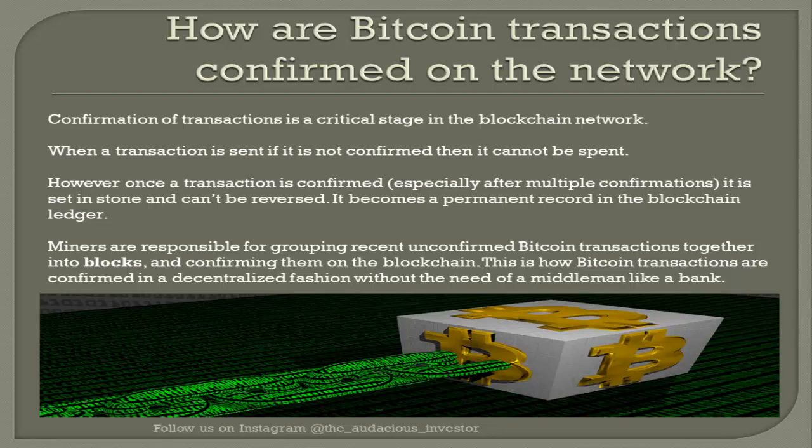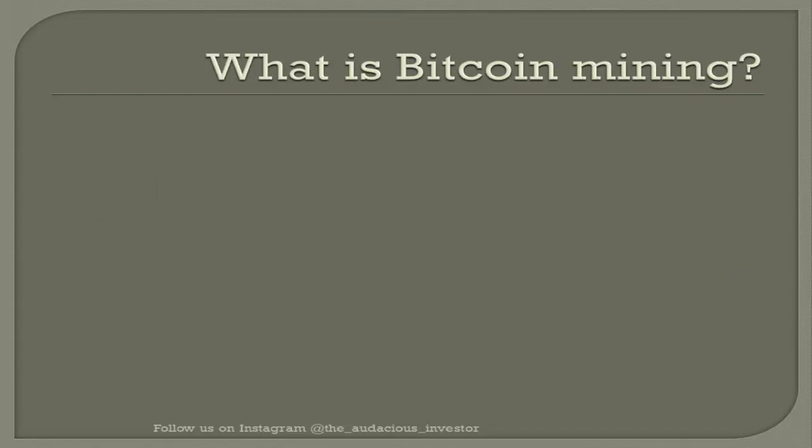They take all these unconfirmed transactions, put them into blocks, confirm them, and then these blocks get connected to the blockchain. This is how a Bitcoin transaction can be confirmed without the need of a third party like a bank. So what is Bitcoin mining?